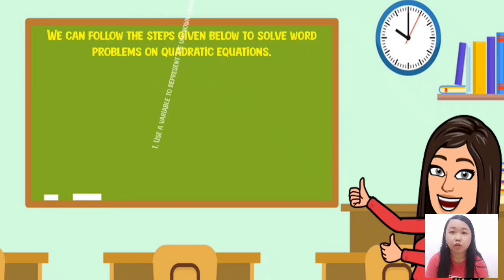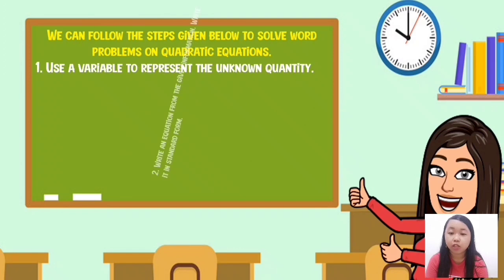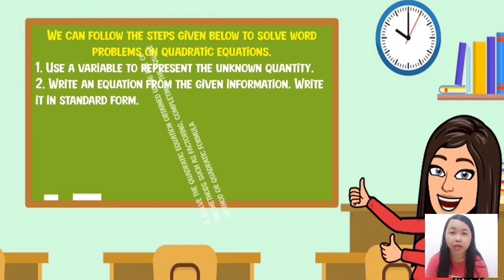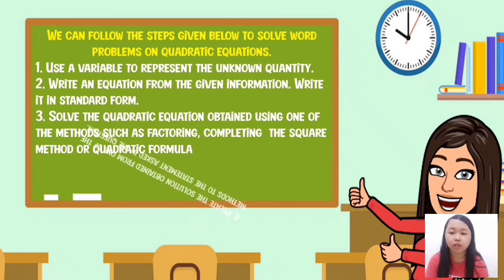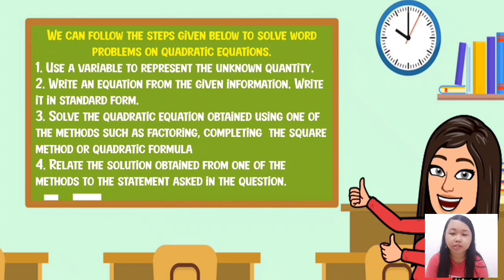We can follow the steps given below to solve word problems on quadratic equations. 1. Use a variable to represent the unknown quantity. 2. Write an equation from the given information and write it in standard form. Again, the standard form of a quadratic equation is ax squared plus bx plus c is equal to 0. 3.